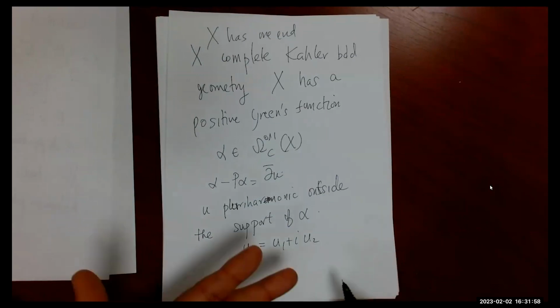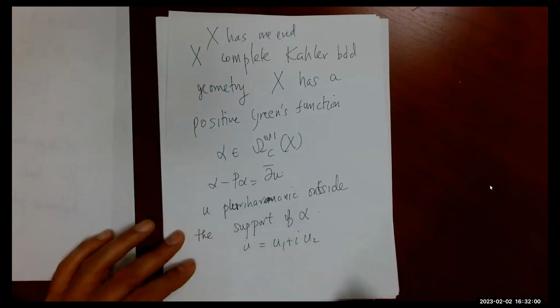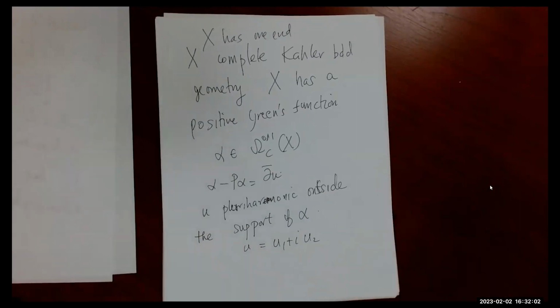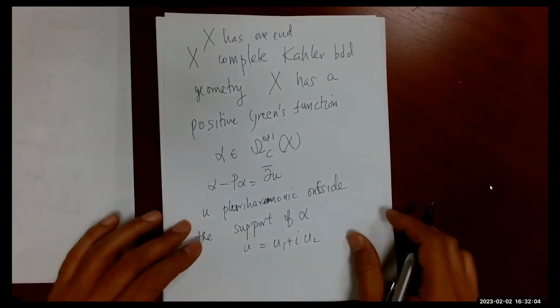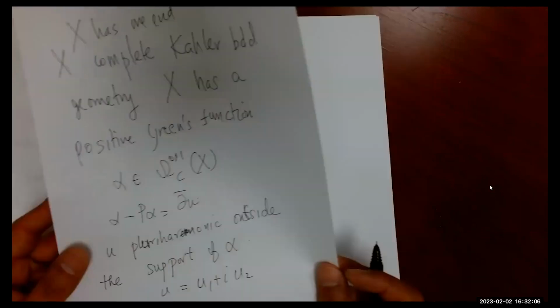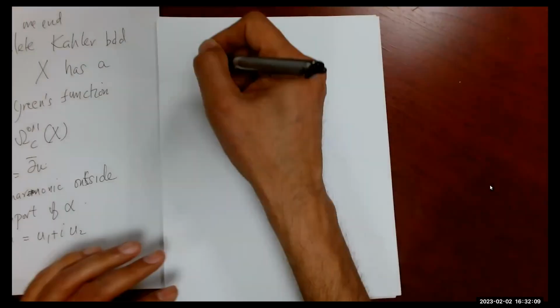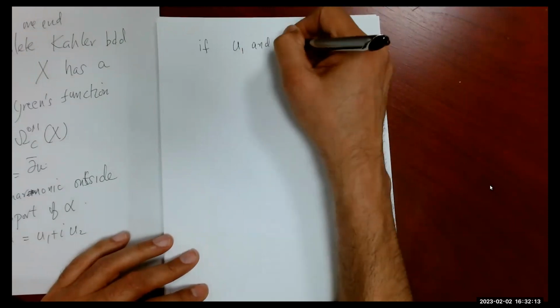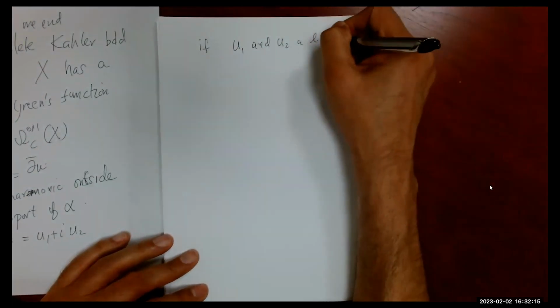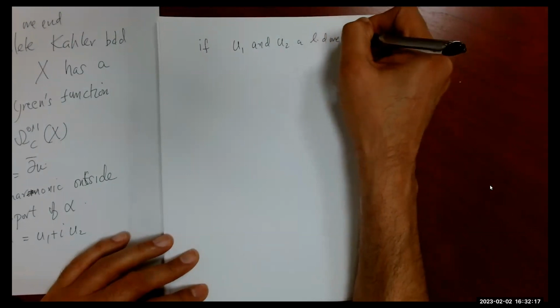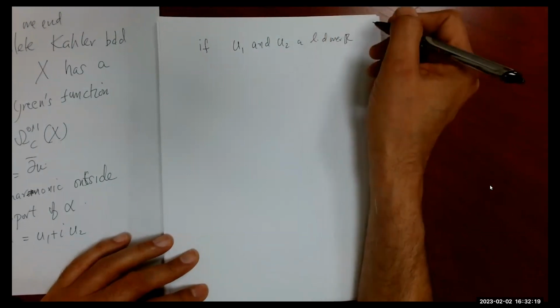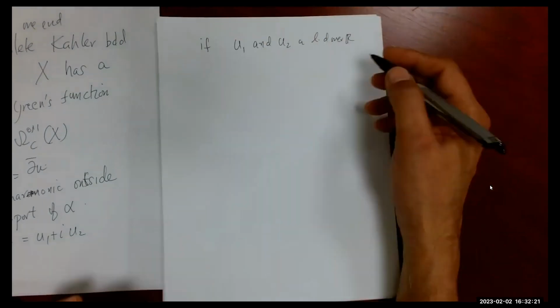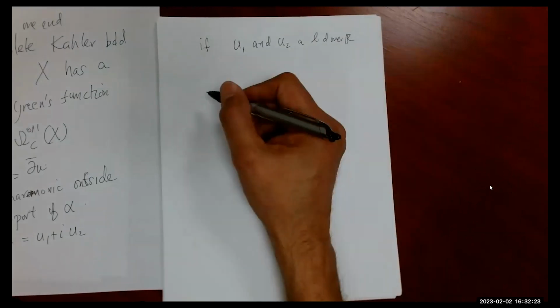So essentially, U is given by a real function, which has the same behavior. Now what is very interesting is, if U1 and U2 are linearly dependent over R, because they're real functions, then you can say the following.